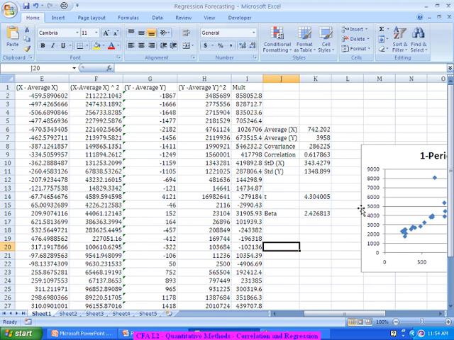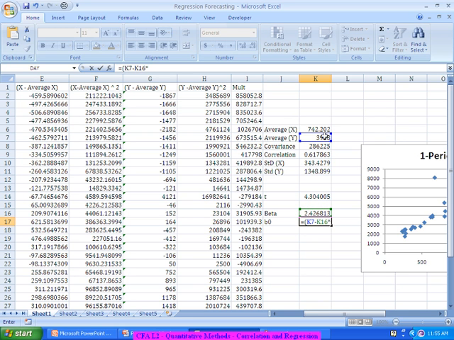So if I want b naught, I take the average of y. Y average is equal to b naught plus b1 times x average. So y average minus b1 times x average will give me b naught, where b1 is nothing but beta.